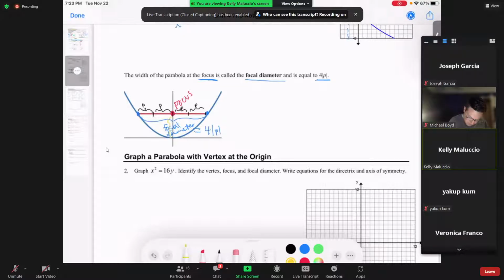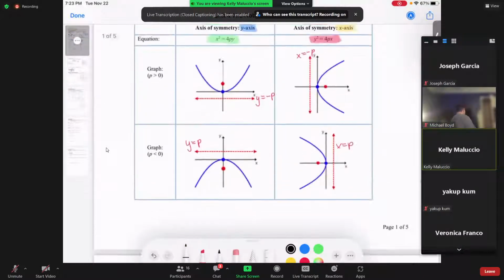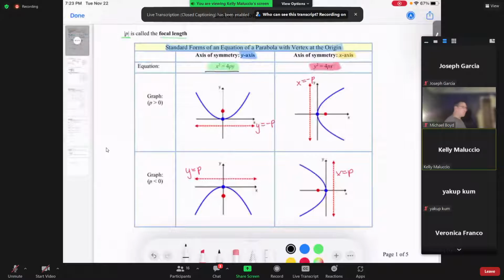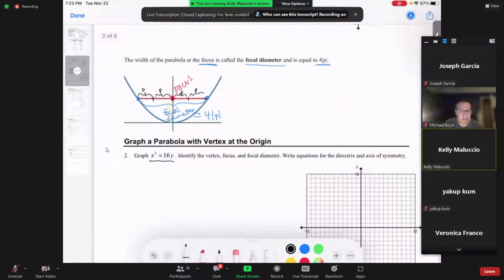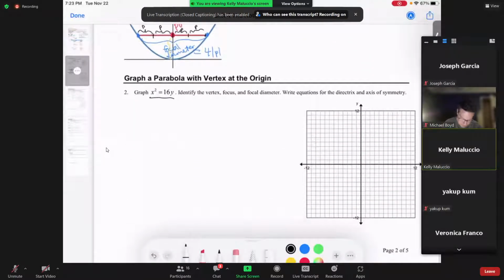So now if we want to graph a parabola with a vertex at the origin, here is x squared equals 16y. So for this one, it's starting with x squared, right? So I know the y-axis is going to be my axis of symmetry. And I also can identify a few things. So 4p is going to be 16, so p is 4.